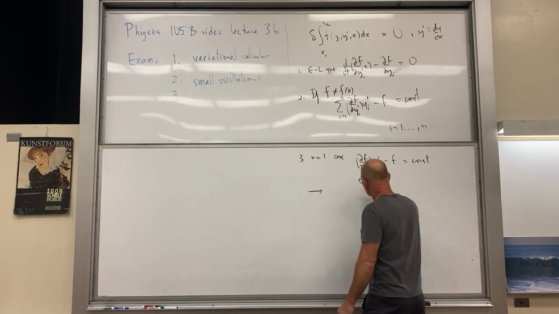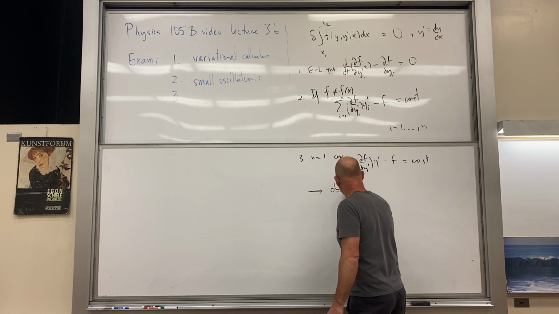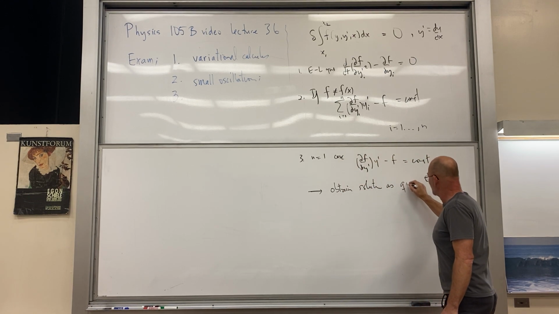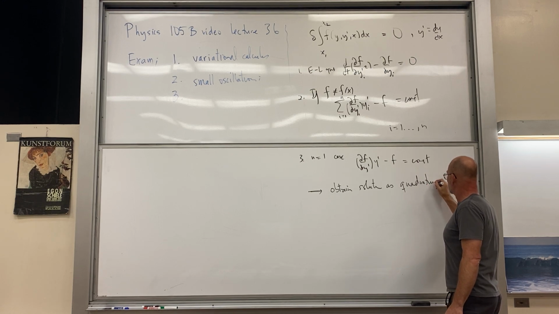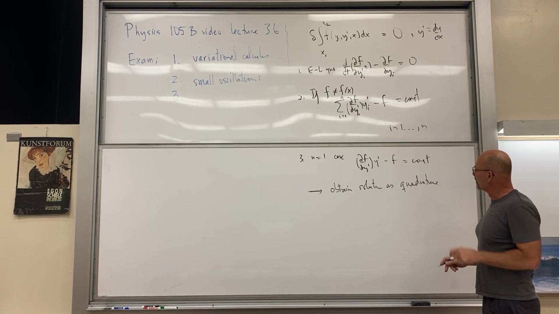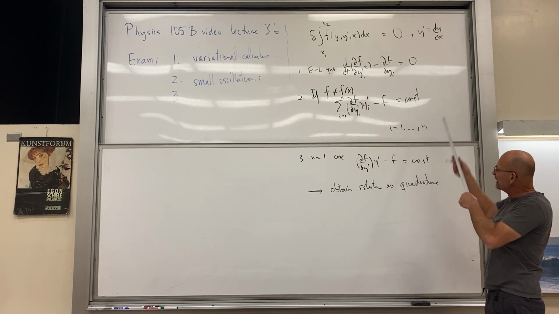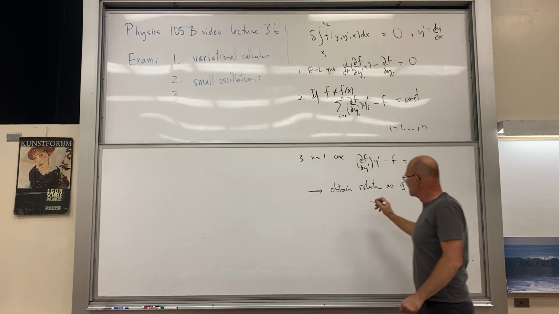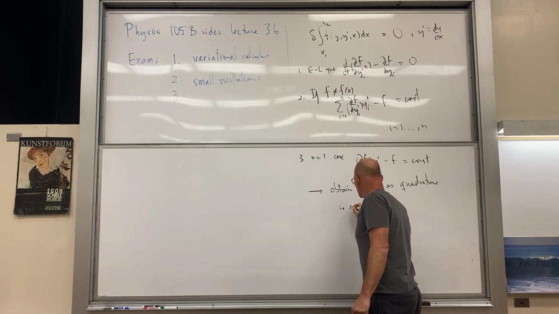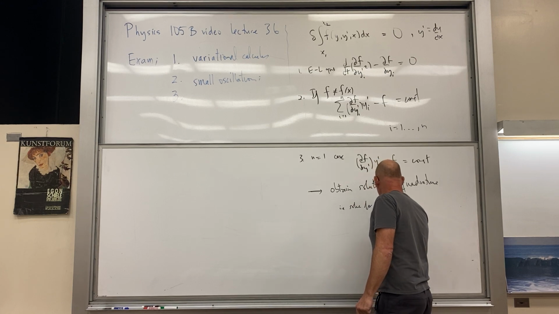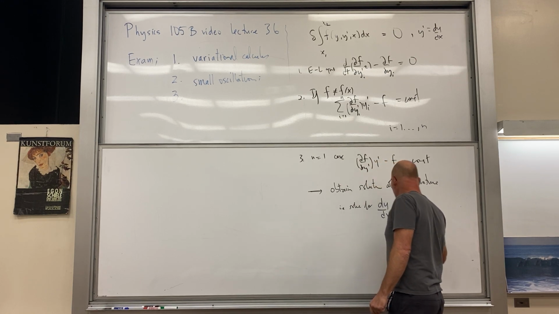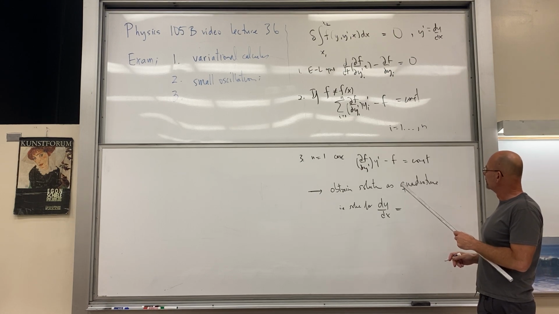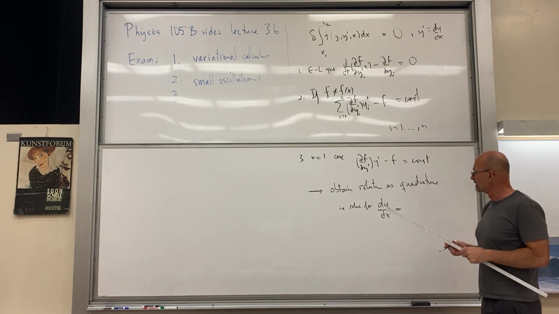So suppose you have this and you want to obtain the solution as a quadrature. Then your y prime is dy dx, so you just manipulate this thing until you can solve for dy dx equals a function of y.